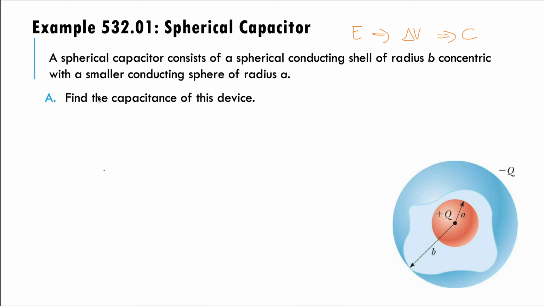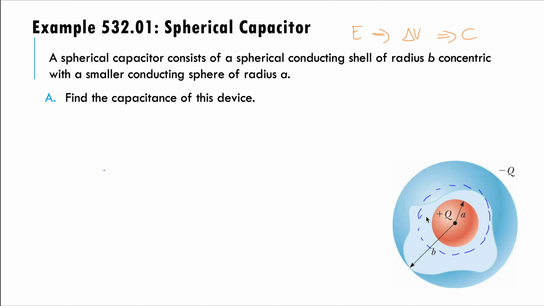So first, to find the field, we could use Gauss's law, just like we did in the previous example, but I think we already know that the field in this region in between the two spheres is due to the charge inside, and that's just the field due to a point charge, whether it's a point charge or a spherical conductor.